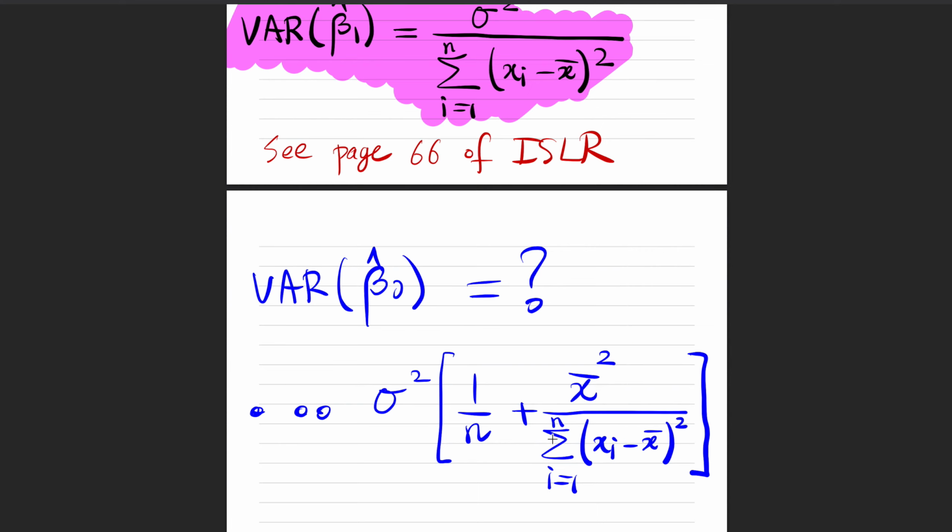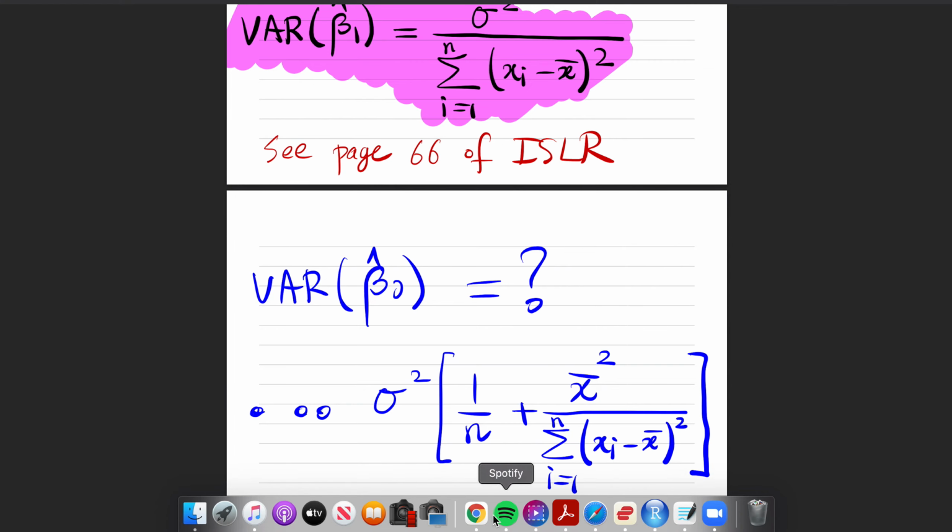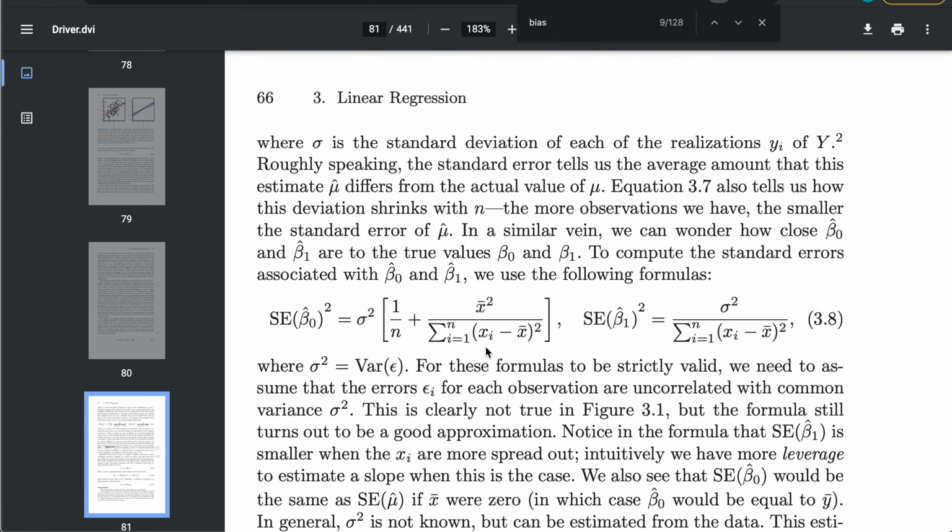So again, here we have two forces active. One is the inherent irreducible variability: the larger that is, the more uncertainty we have in our estimate. At the same time, we can reduce uncertainty by increasing information. And that's what you have here.